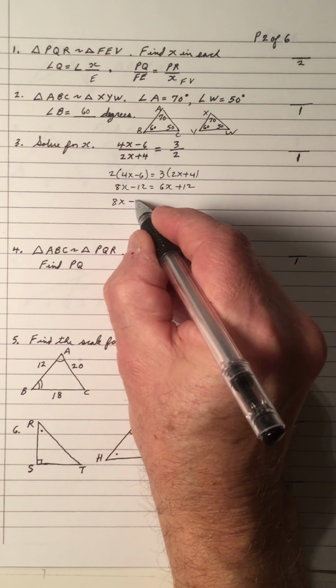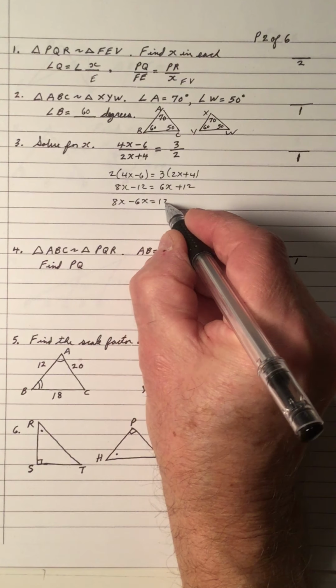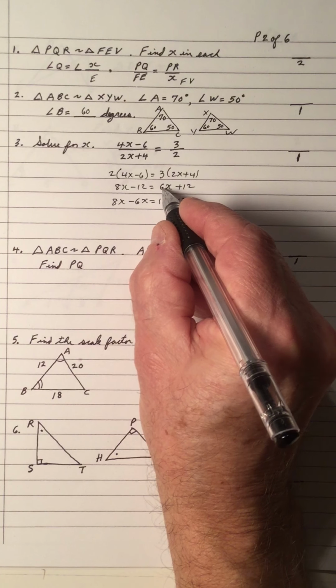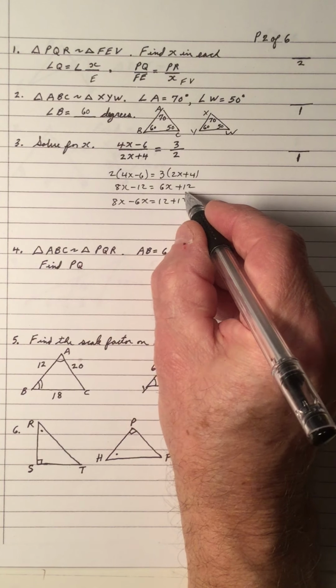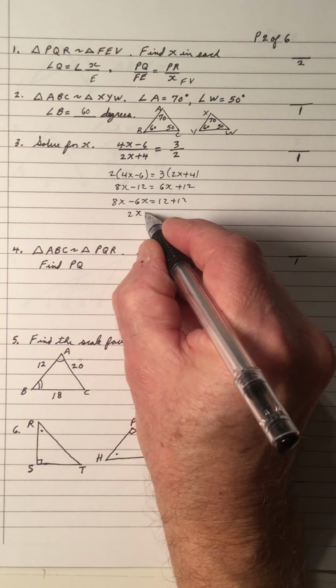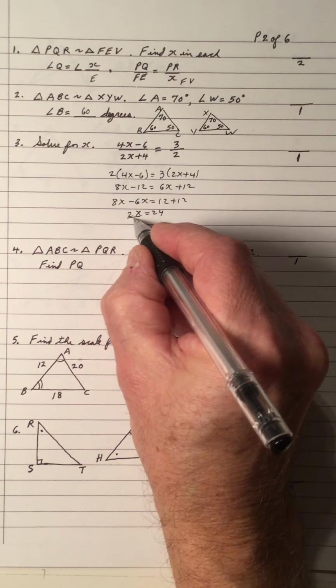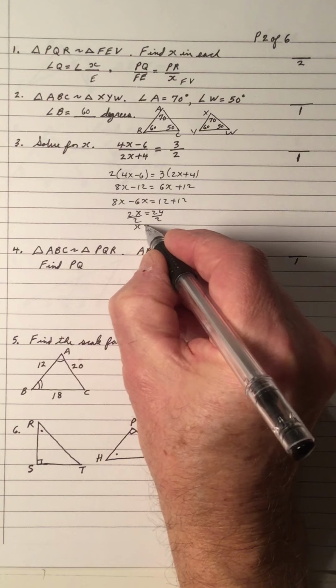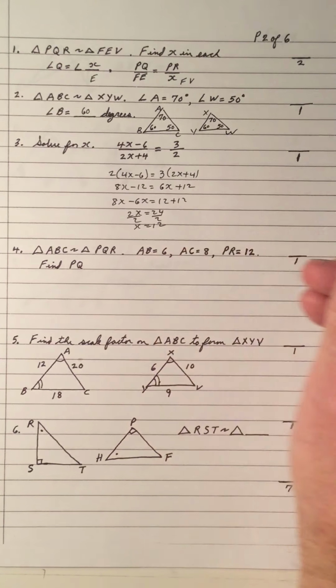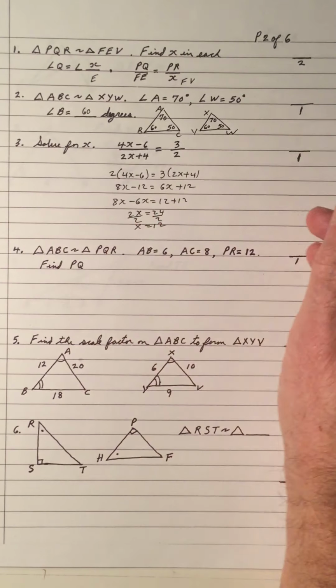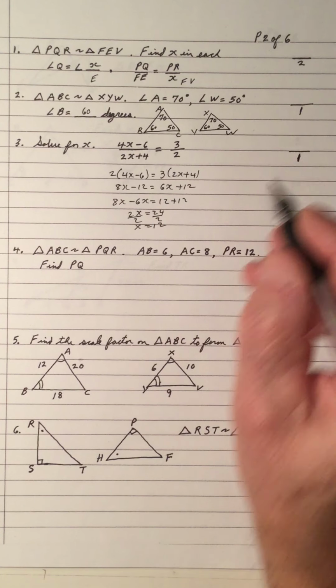So 8x minus 6x equals 12 plus 12. 6x moves over to become negative, and the negative 12 moves to the right, becoming positive. So 2x is 24, divided by 2, and x becomes 12. And you can put it back in to see if you're right.